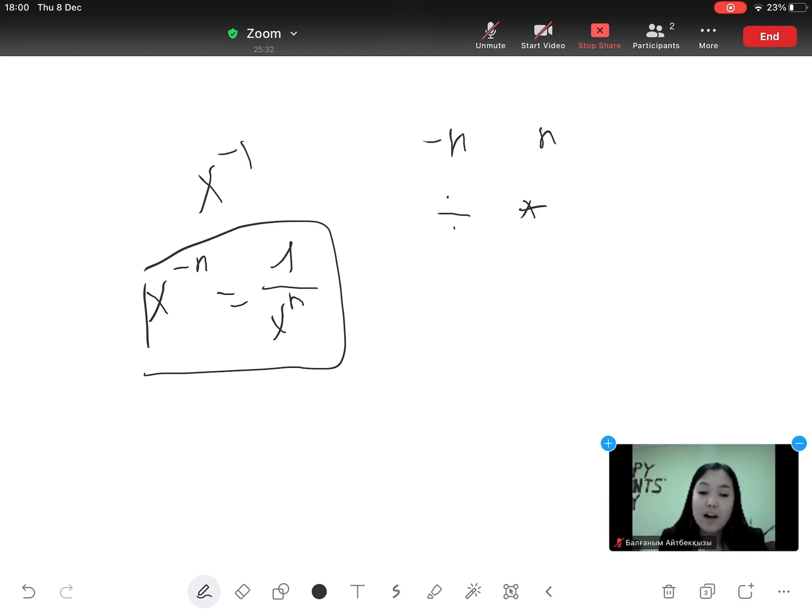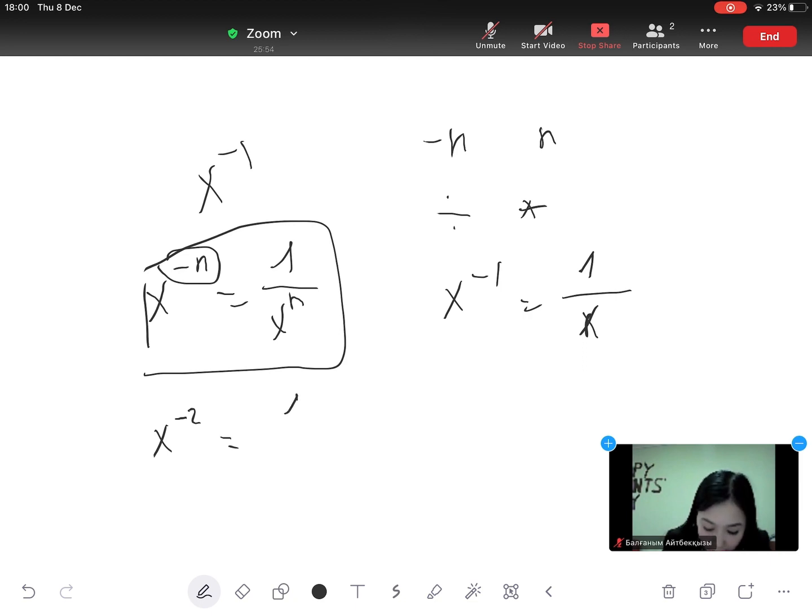Right? So a negative exponent basically represents division. x to the -1 will be 1 divided by x, and x to the -2 will be 1 divided by x squared.